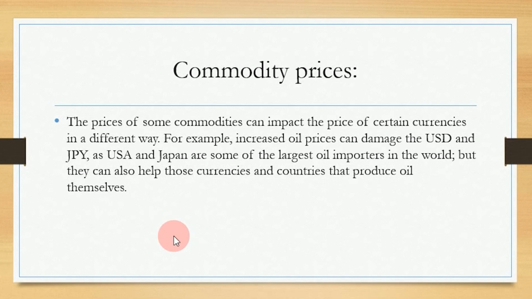Okay, so in this case, if the price of oil increases, this will damage the value of the Japanese yen and US dollar, because these two countries are the biggest importers of oil in the world. Vice versa, when the price of oil decreases, the currencies of Japan and the US will appreciate against oil.